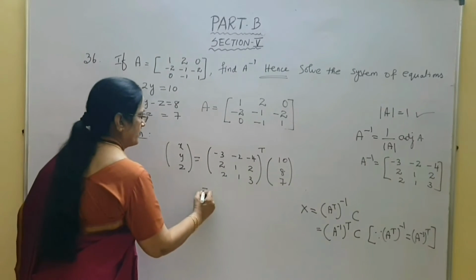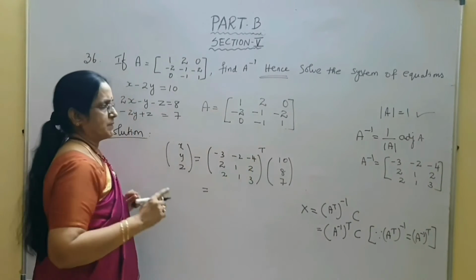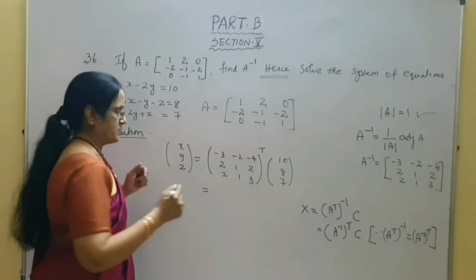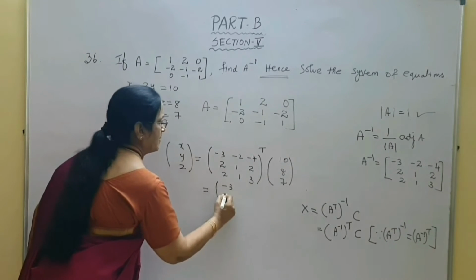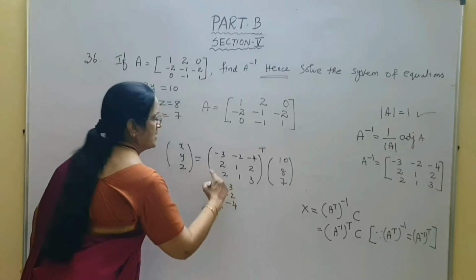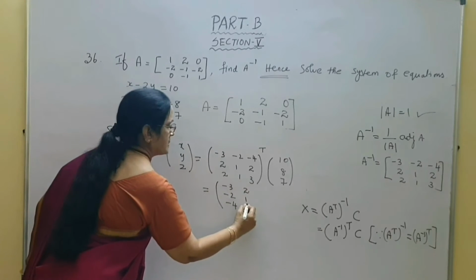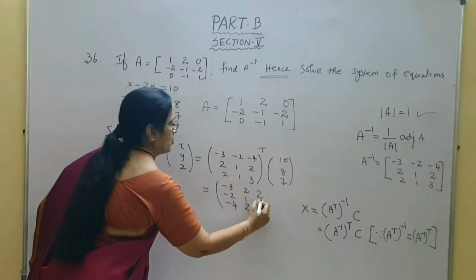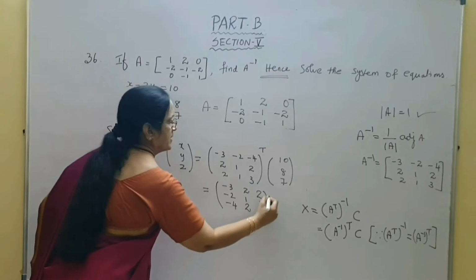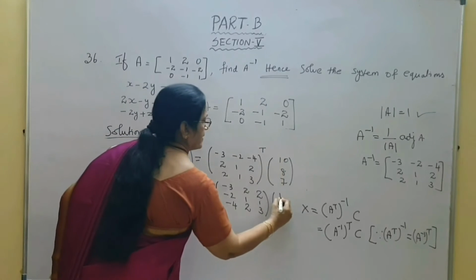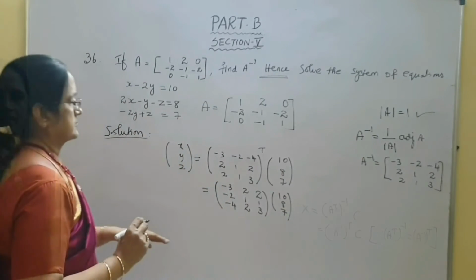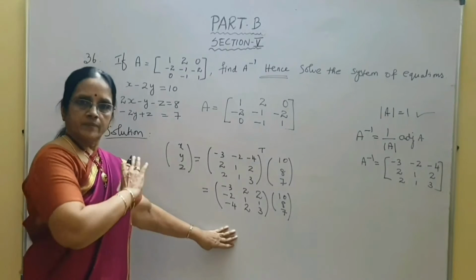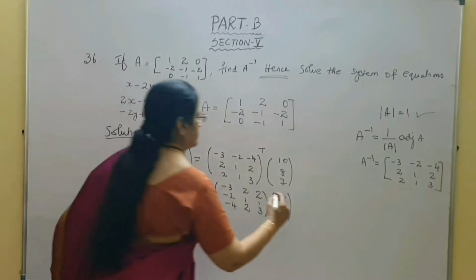As I told you, the transpose of the matrix is obtained by interchanging the rows and columns. What will I be getting here? The first row will become the first column, second row will become the second column, third row will become the third column, into the matrix 10, 8, 7. Let me multiply this.